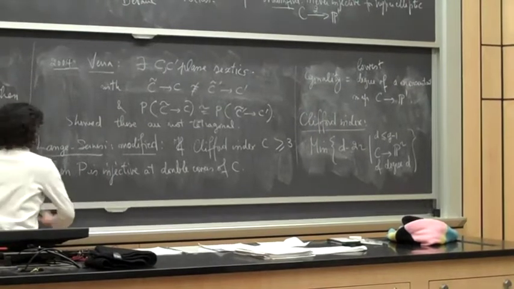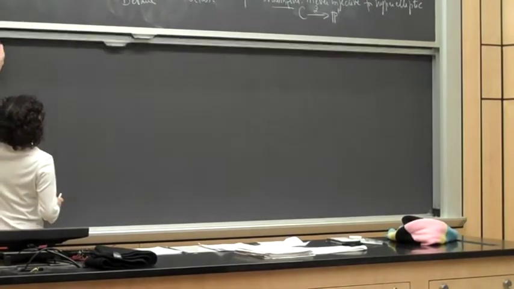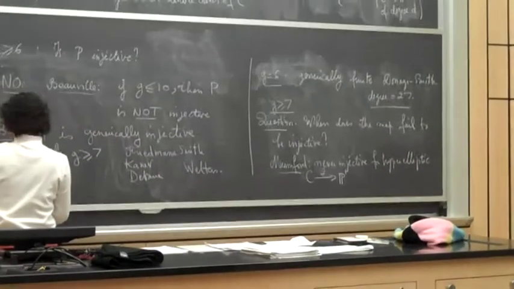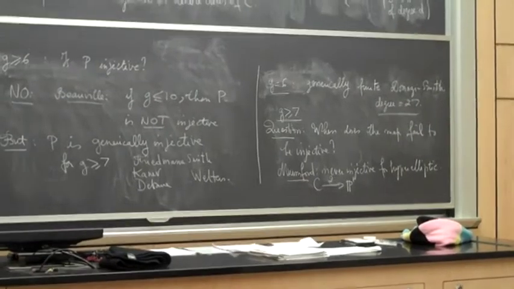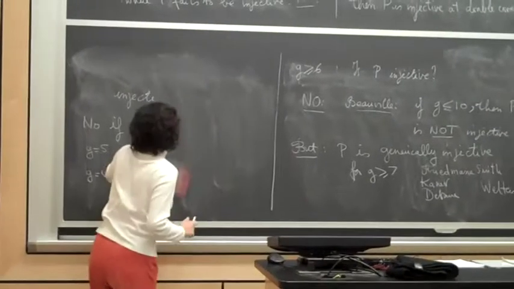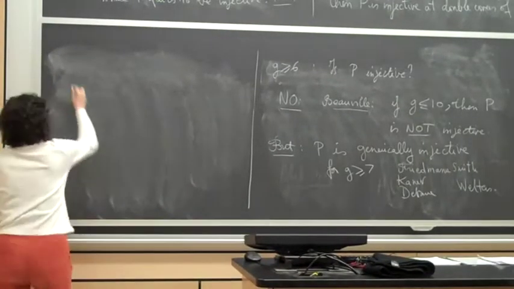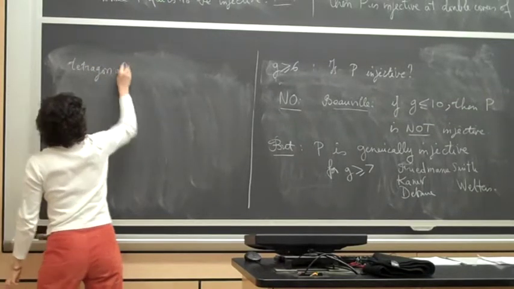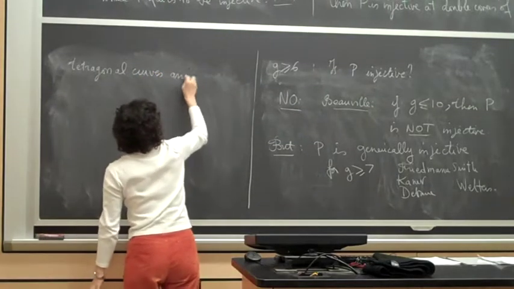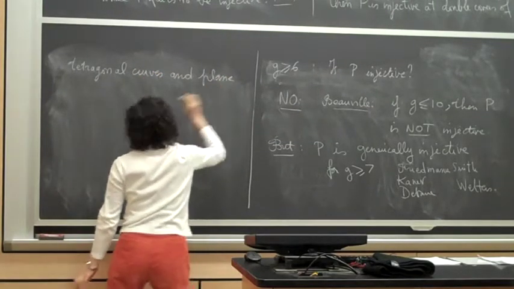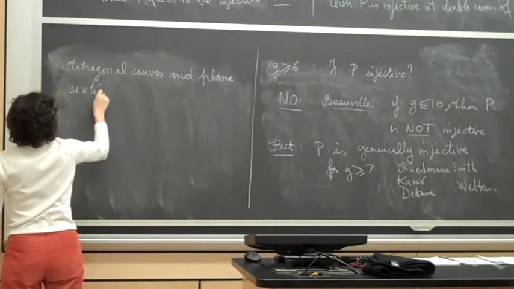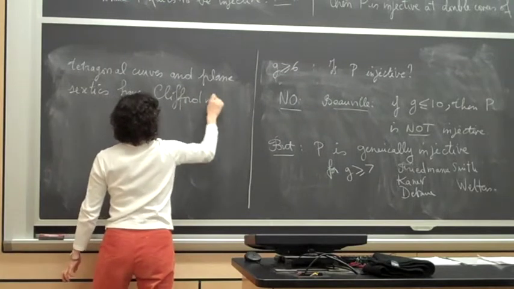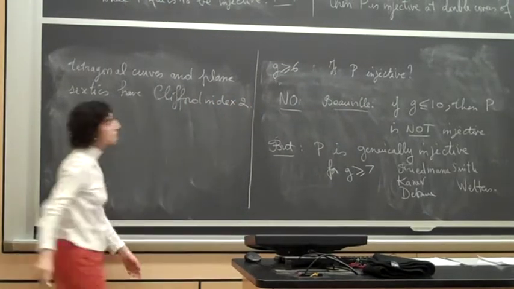So the tetragonal curves and plane sextics have Clifford index 2.